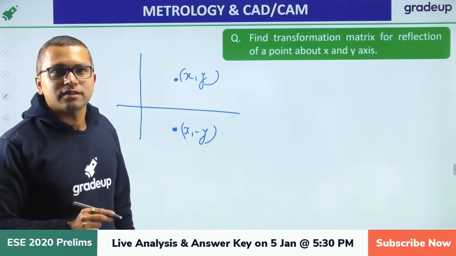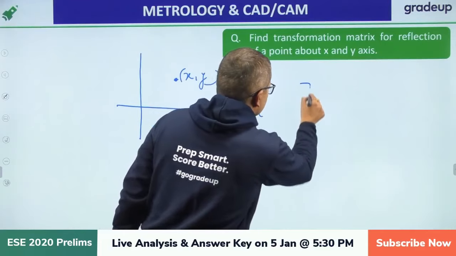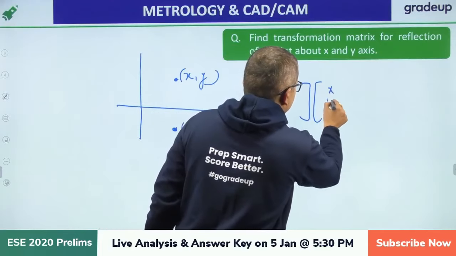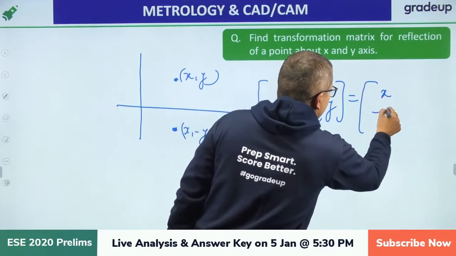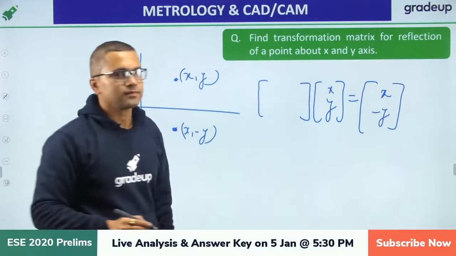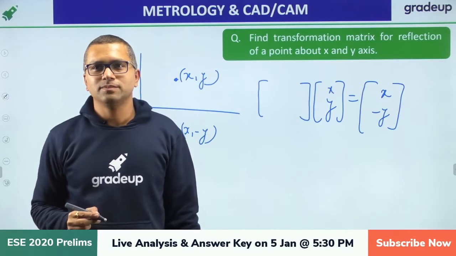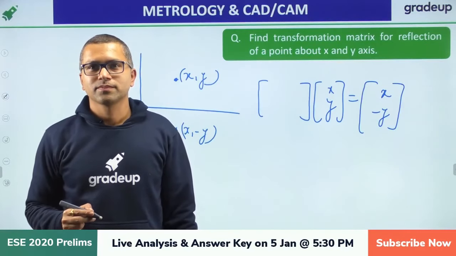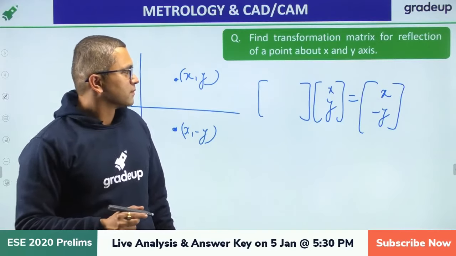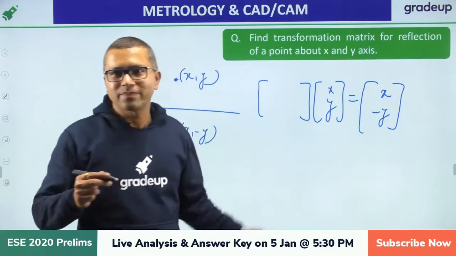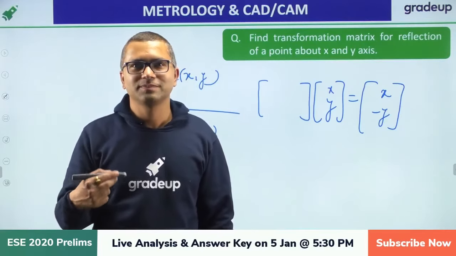So can you find a matrix that, when you multiplied by xy, gives you x minus y? What is the order of this matrix? Can you please come up with this?